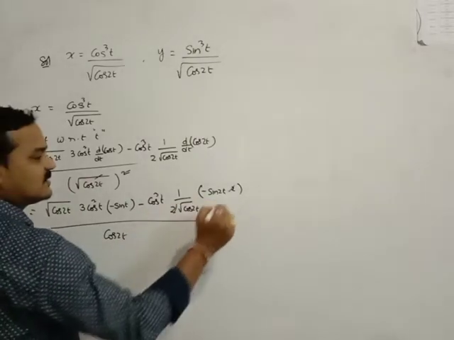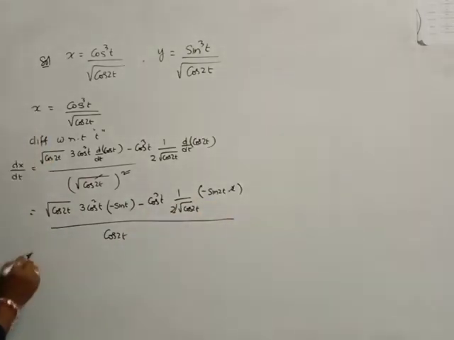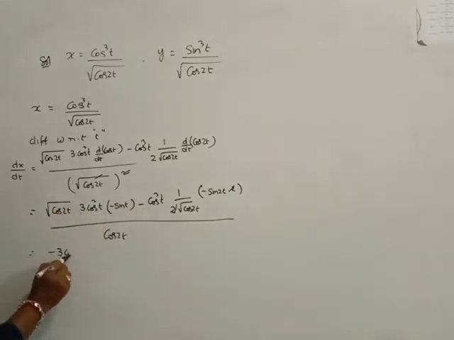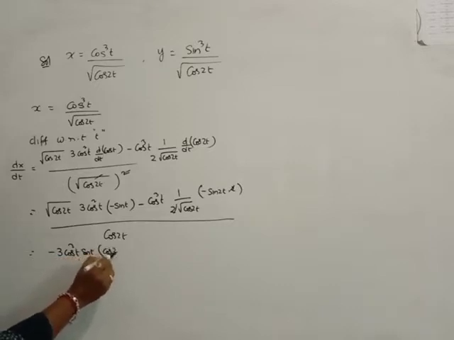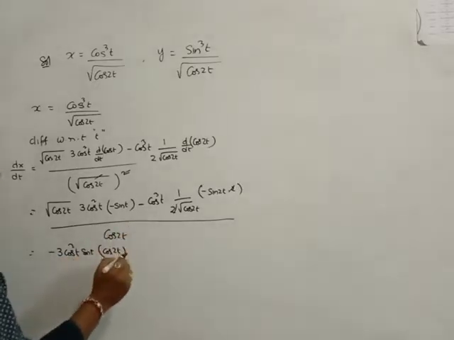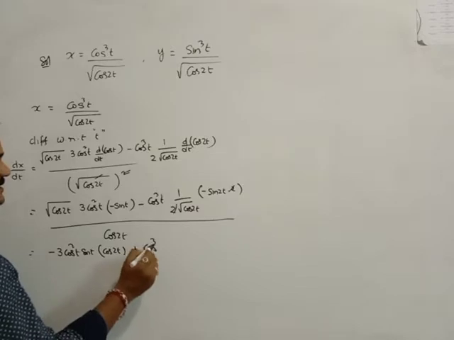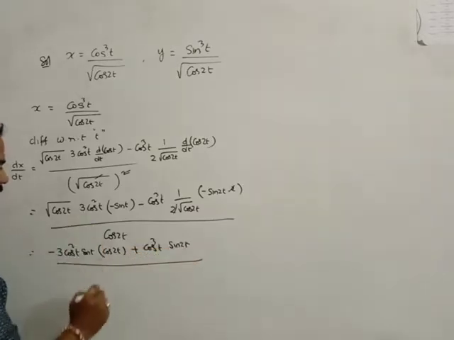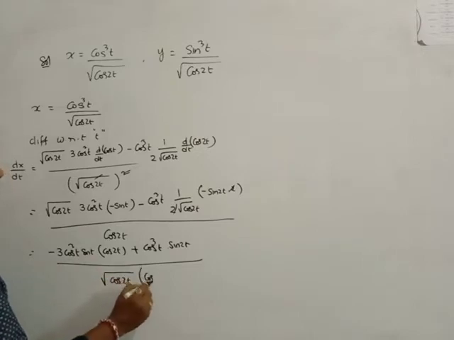Again this 2 and 2 cancel. Take the LCM. Finally, it becomes minus 3 cos square t into sin t, the root cancels, it is cos 2t, minus and minus is plus cos cube t into sin 2t, divided by root cos 2t in the denominator, and again cos 2t in the denominator. This is dx by dt.